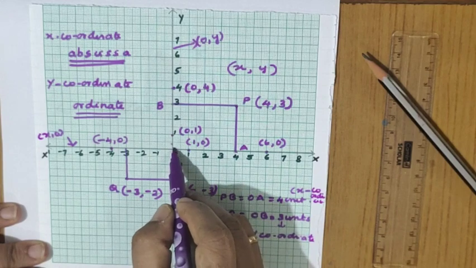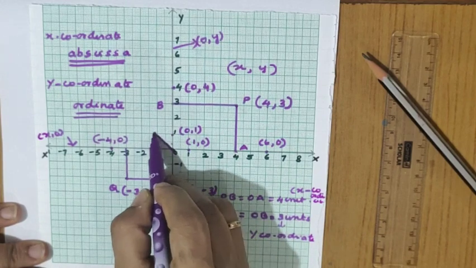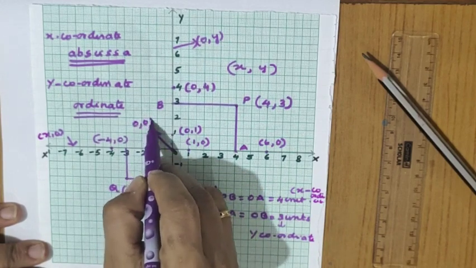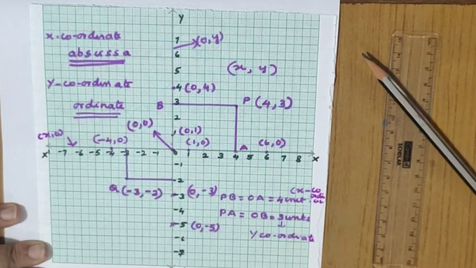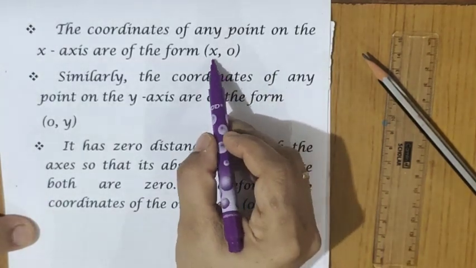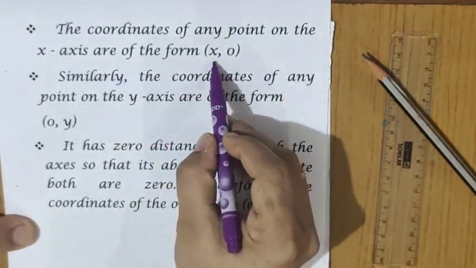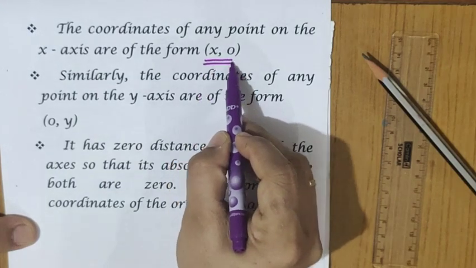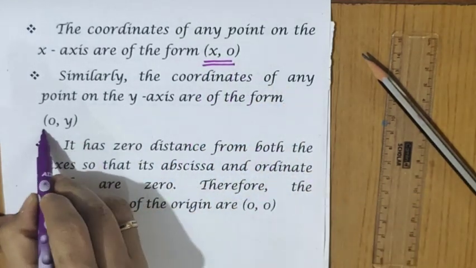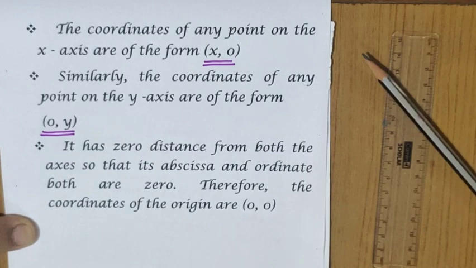So the coordinate of the origin is (0, 0). Now what you learned here: the coordinates of any point on the x-axis are (x, 0), on the y-axis (0, y), and the coordinates of the origin are (0, 0). Understood? This is what we have learned from the last graph.